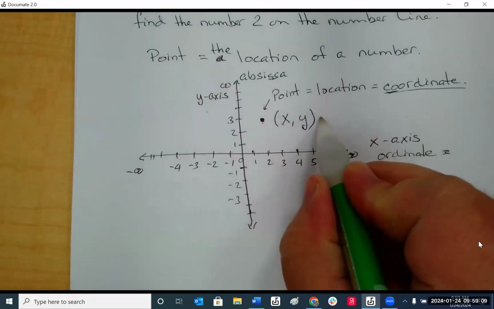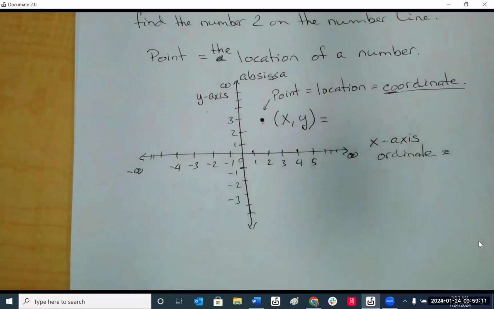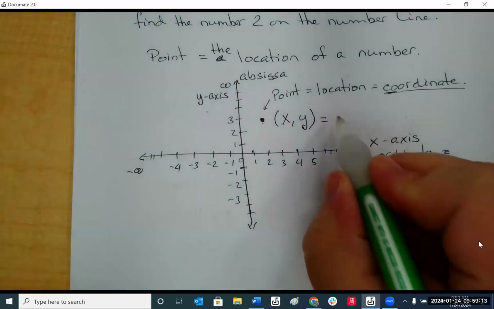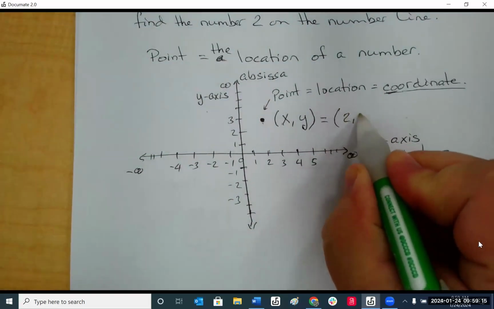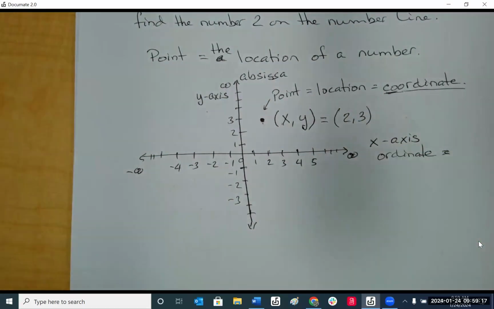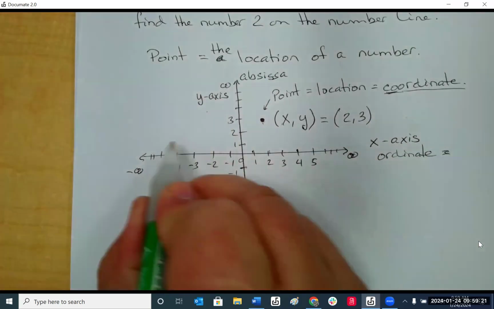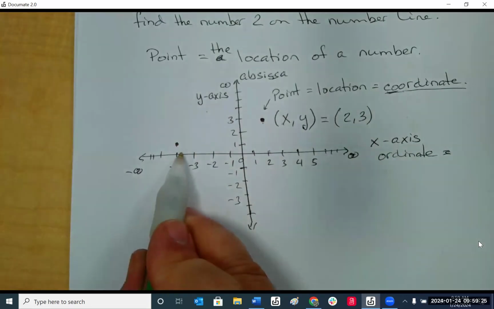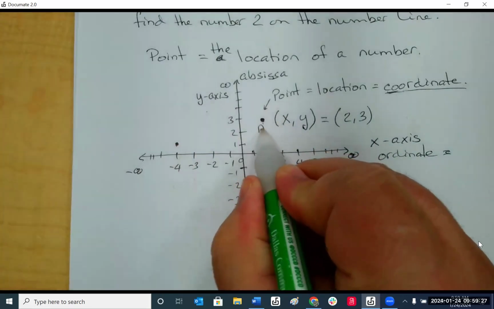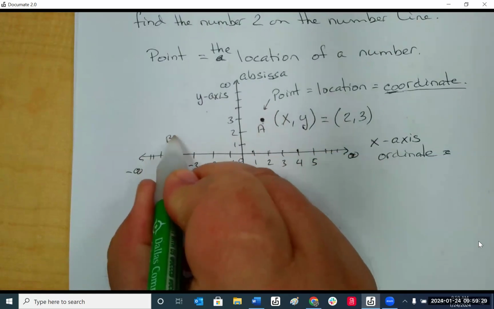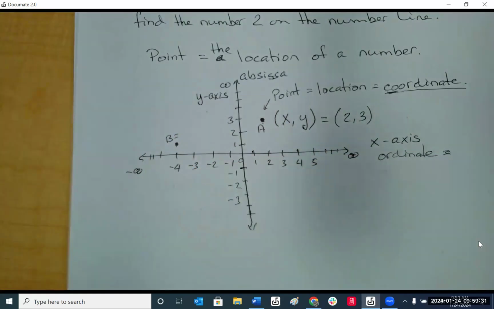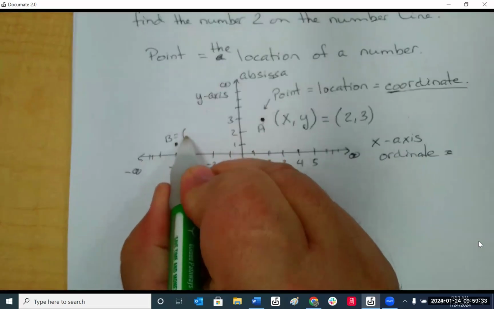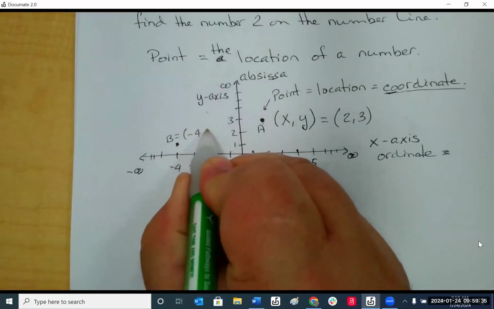So what is that location? What is that location at that point? 2, 3. What is the location of this point? Here, I call this point A. I'll call this one point B. What's the location of point B? -4, 1.